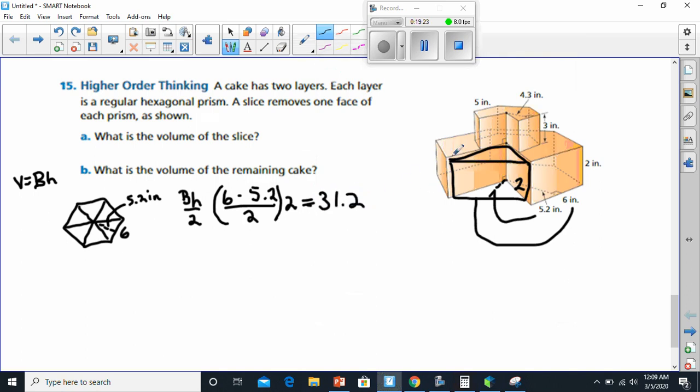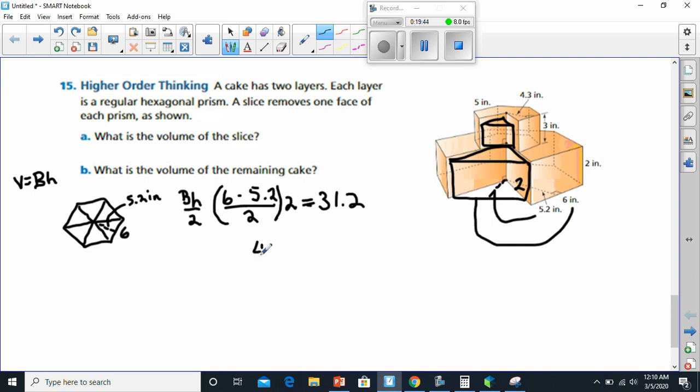But remember, that's just the slice of the bottom piece, not the top piece. Now we're going to find this top piece up here, which is going to be shaped like this. If we do that, we see that this time the center is 4.3.